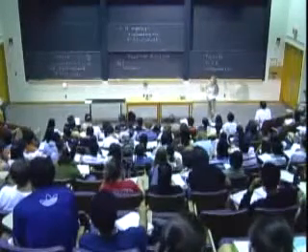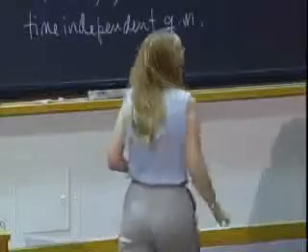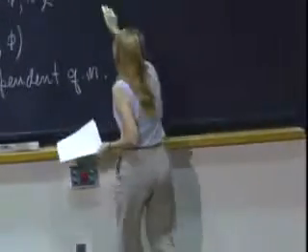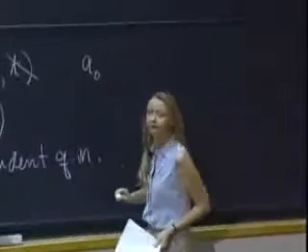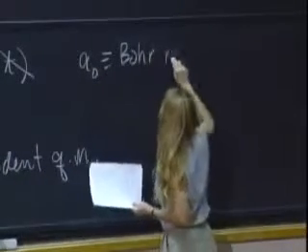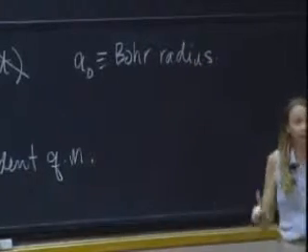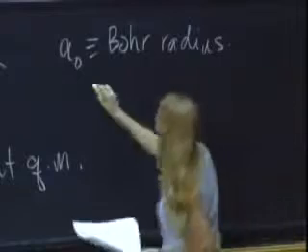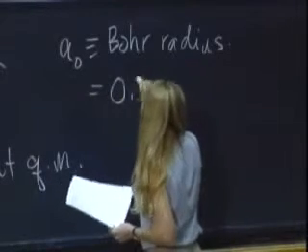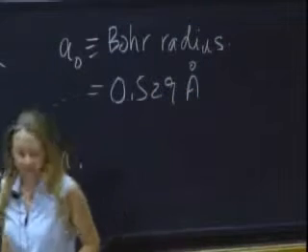And that is that throughout these wave functions, you see this thing called a naught. a naught is a constant. It is called the Bohr radius. I'll explain to you where that comes from a little bit later. But it has a value of about 0.529 angstroms. Okay, so that's just a constant.